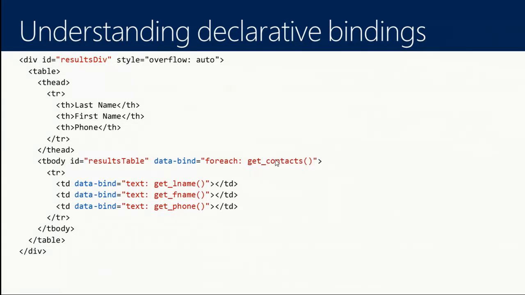And then each contact has methods like get last name, get first name, and get phone, which will be data bound into this row. And basically what's going to happen is that for every contact that comes back from get contacts, they'll be bound into a new row in the table, and that information will be displayed. So this is a really simple thing to do. This is what Knockout enables.